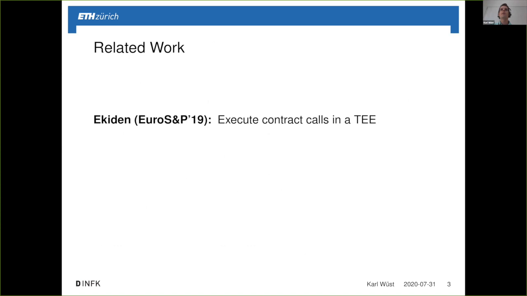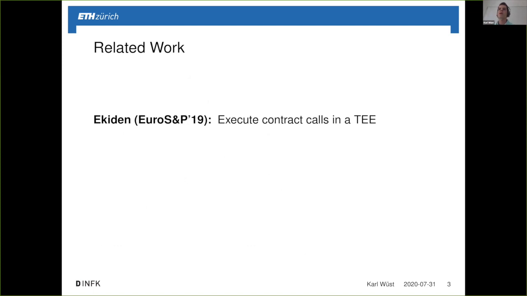So one recent work is Ekiden, also from IC3 researchers, where the idea is to execute contract calls in a trusted execution environment. Now the goal of this was mainly for privacy, but this can also be used for scalability because if you have a trusted execution environment, you don't need to execute it everywhere anymore.